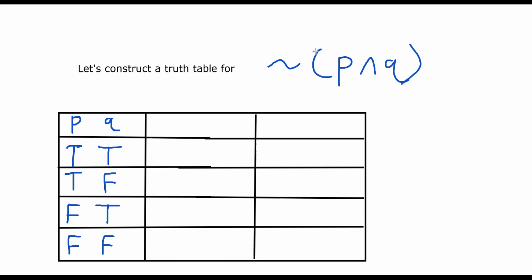Now the P and Q is in parentheses, meaning we let P and Q be its own thing. We do the P and Q first, then we take the not of it. In other words, the inside of our truth table, we're going to need a column for P and Q. Then your last column is usually going to be the final thing. We'll have a column for not P and Q, which will just be the opposite of whatever we get in this column.